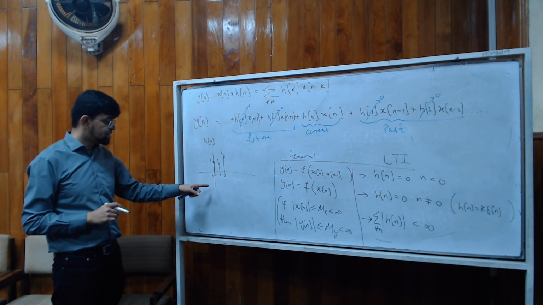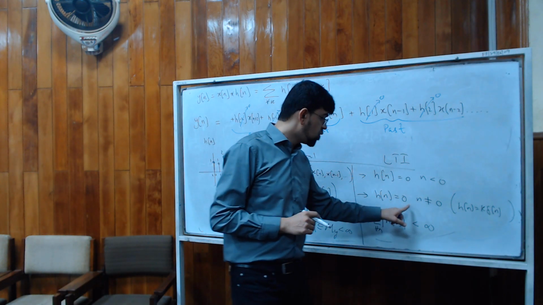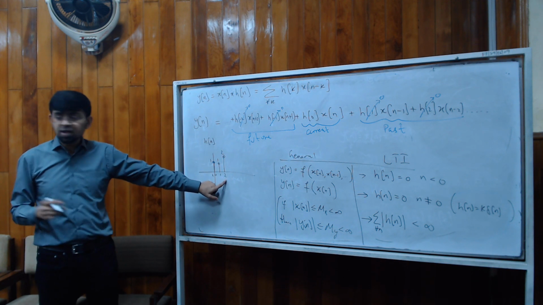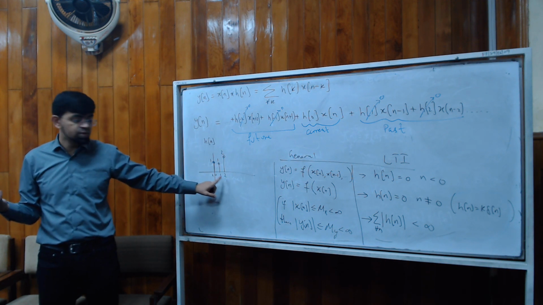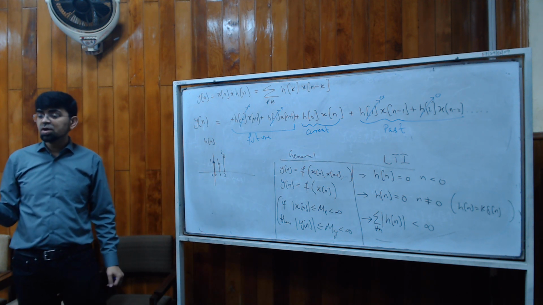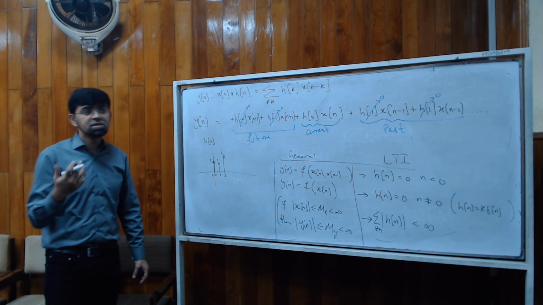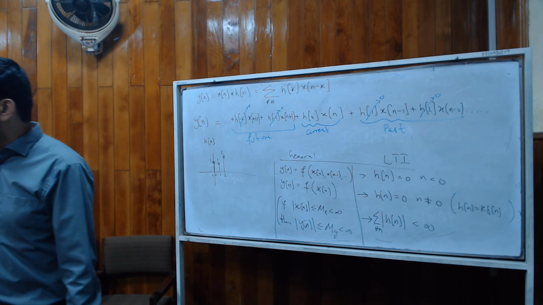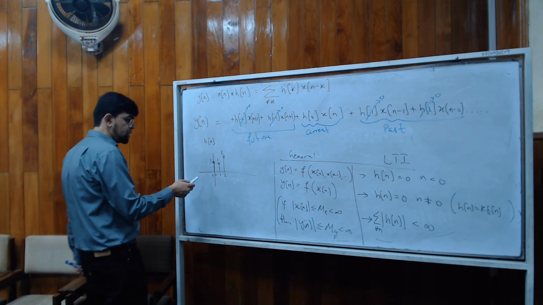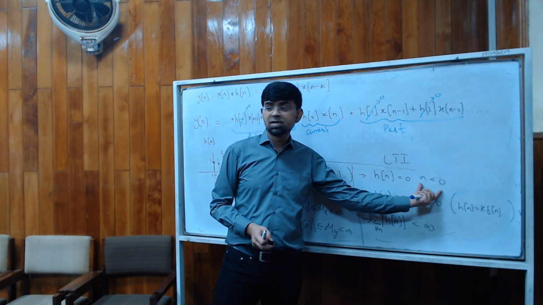Let's check memorylessness. What's the requirement for memorylessness? Memoryless says that h[n] should only be non-zero at n equal to 0. But it has values at other points also. It's not a simple delta. So it is not memoryless. It is a memory system. The second question we ask is whether this system is causal or not. For causality, we require that h[n] should be 0 for n less than 0.